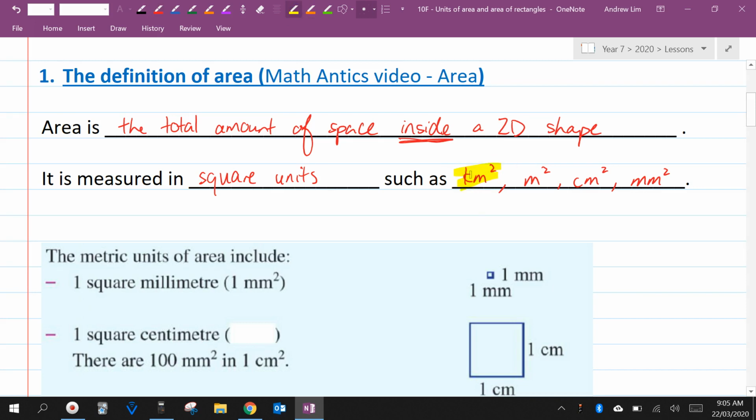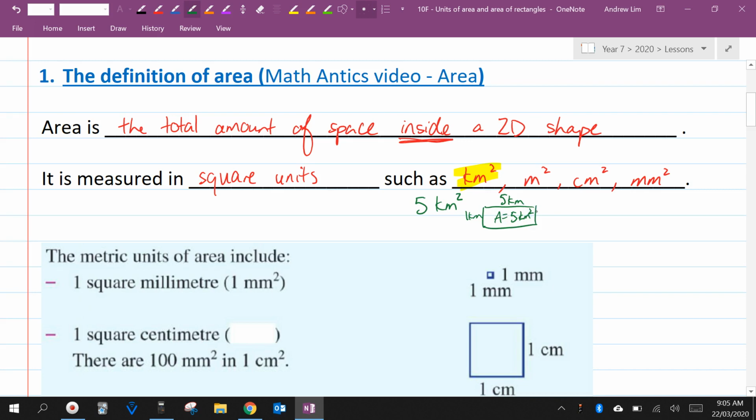I know it's written as kilometers squared, but that's because we might get confused. So let's say we've got 5 square kilometers. Okay, what that means is we've got an area that's 1 kilometer by 5 kilometers. So the area is 5 square kilometers.